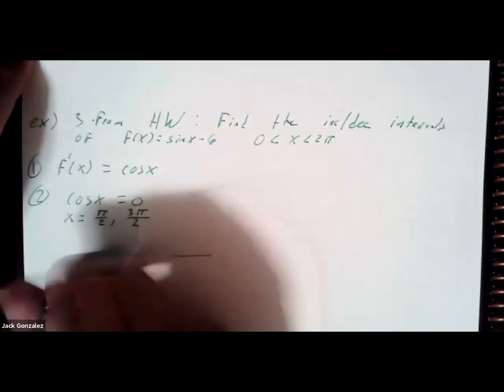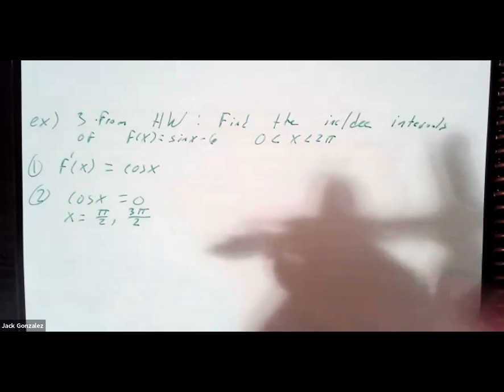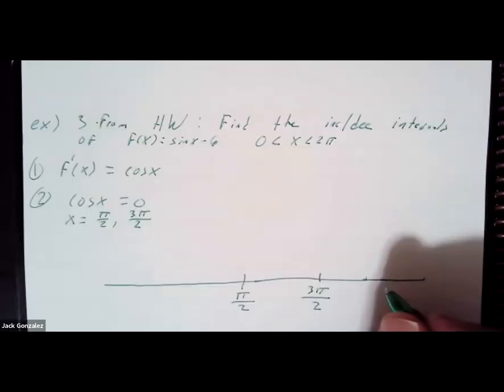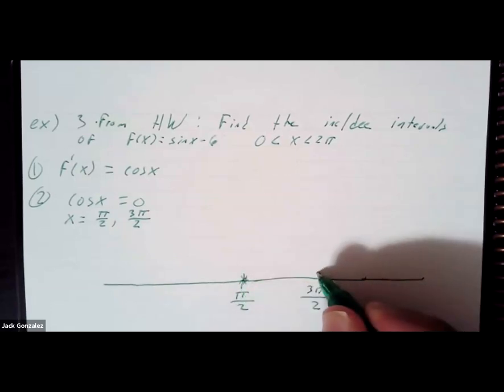You have to find out when it's 0 from the unit circle. Yeah, the angles that make it 0 is from the circle. So these are the critical ones.